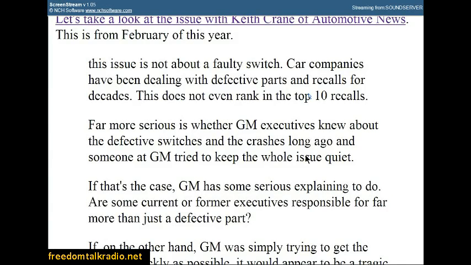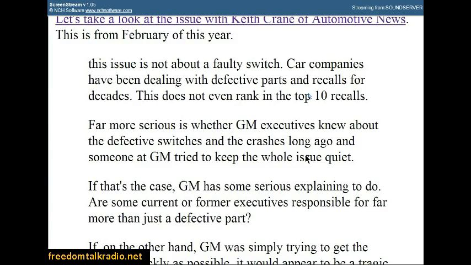That's how many people would have been highly, highly upset. So, did the government help GM hide this issue in order to preserve the existence of General Motors and a large portion of the U.S. economy?